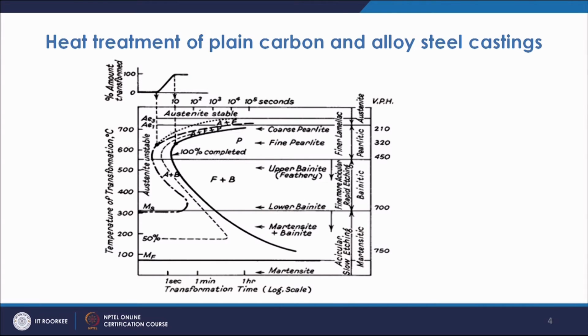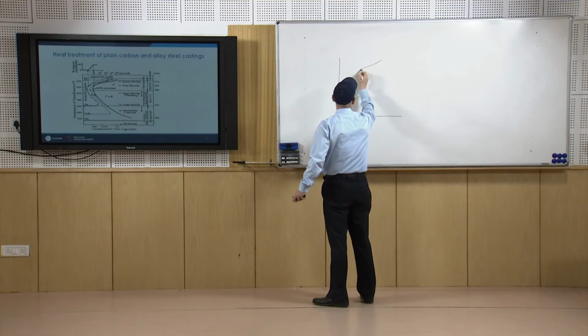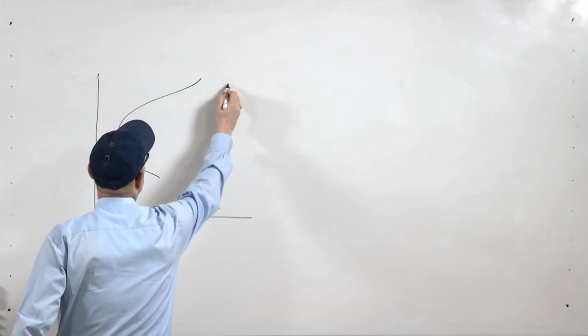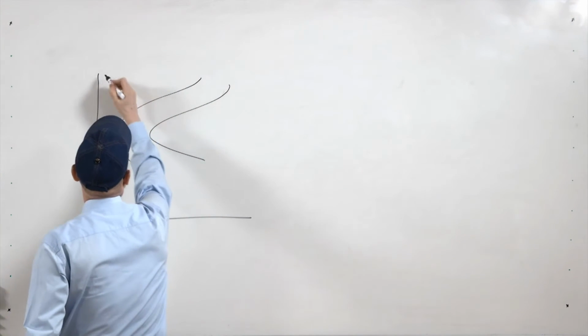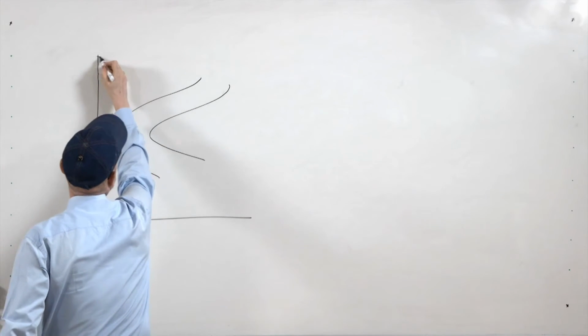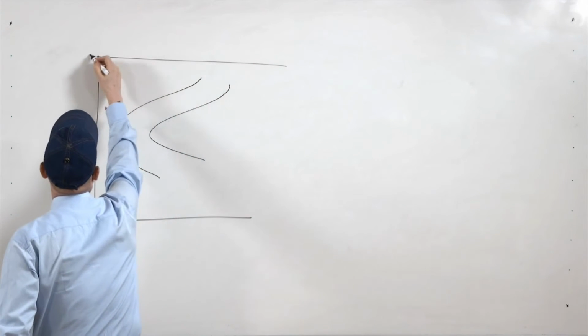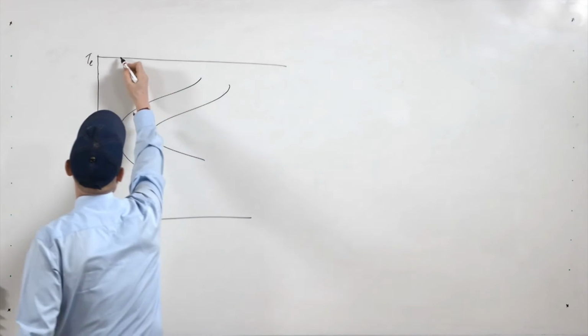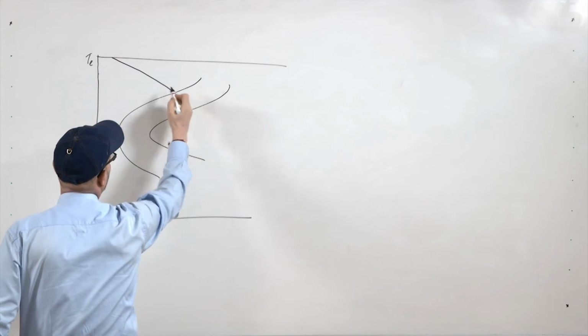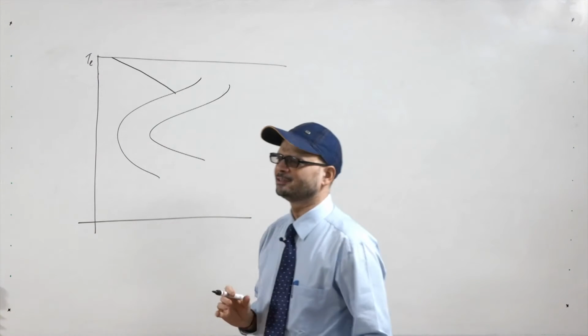If you look at the curve, this way it goes. This is your equilibrium temperature, and you are cooling in this fashion.